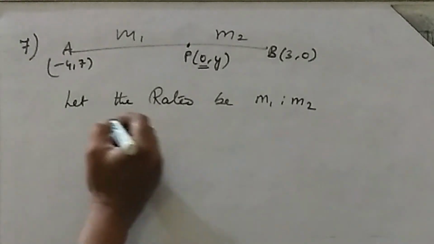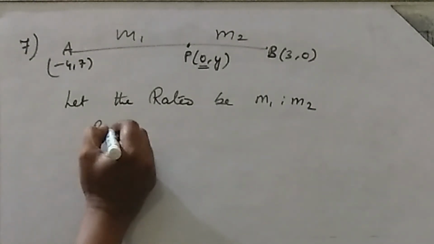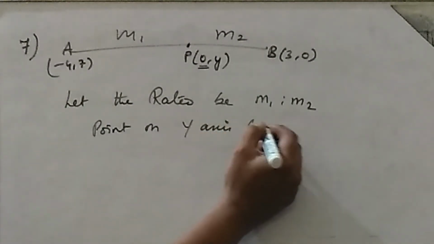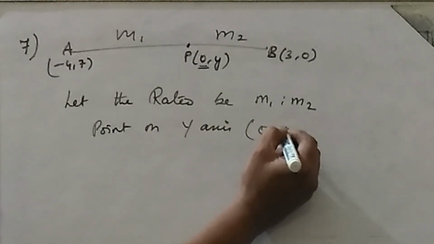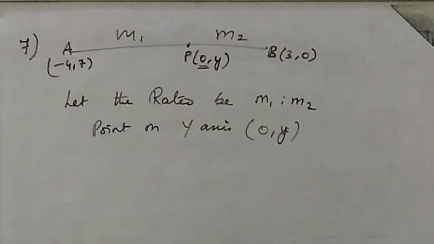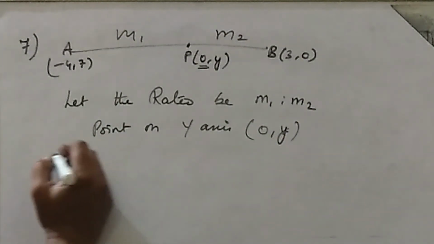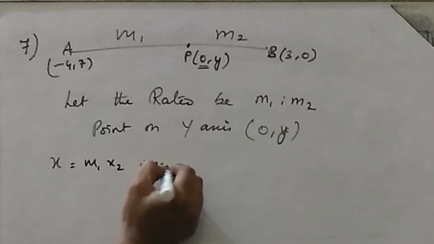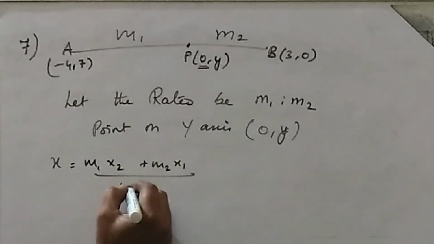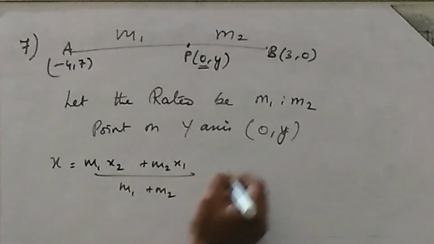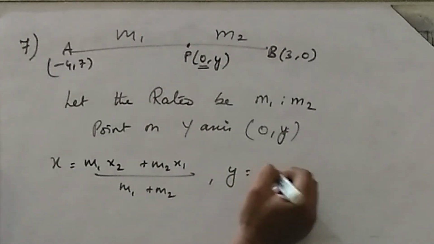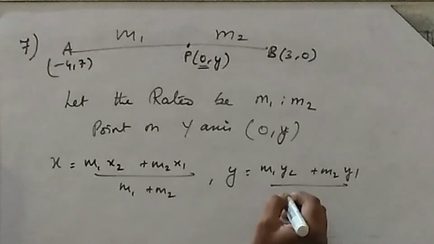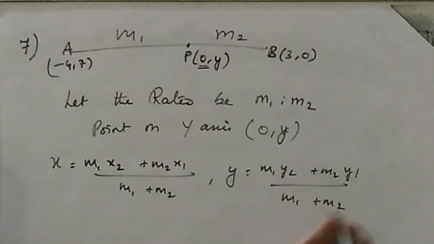Then the point on the y-axis, so what you will write? (0, y). Now the formula: x is equal to (m1 x2 plus m2 x1) upon (m1 plus m2), y is equal to (m1 y2 plus m2 y1) upon (m1 plus m2).